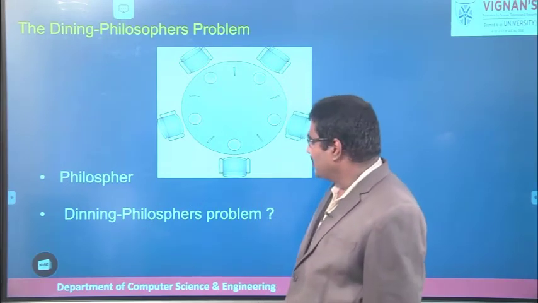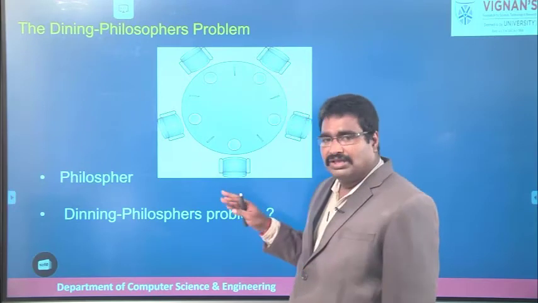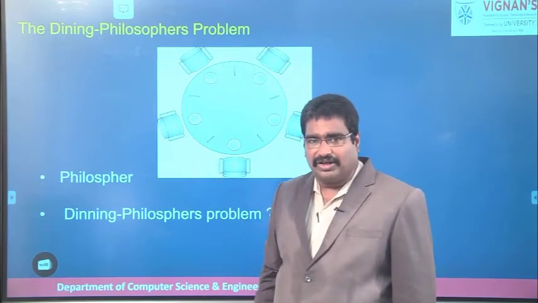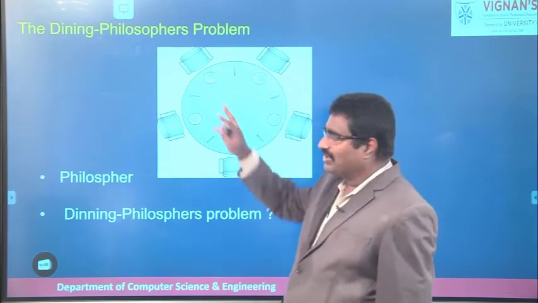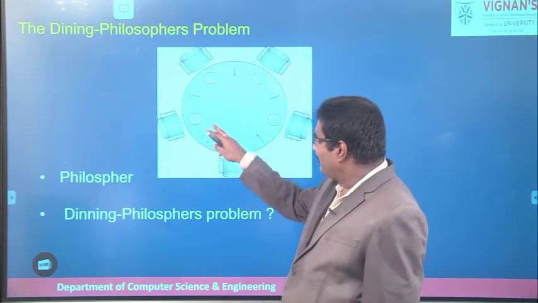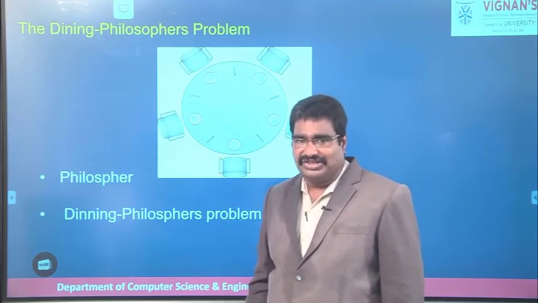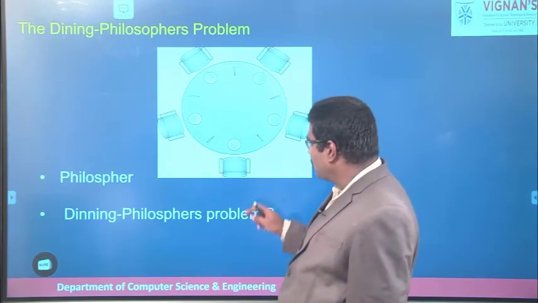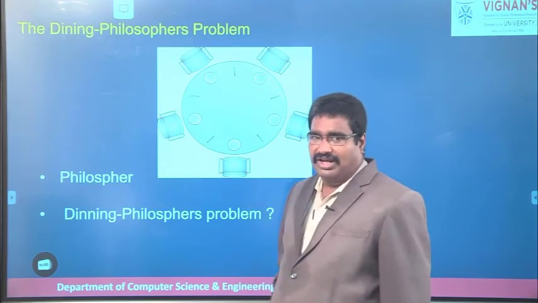In the dining philosophers problem, we assume that there are 5 philosophers continuously performing the thinking operation, there are 5 chairs, one for every philosopher, every philosopher has one plate, and there are 5 chopsticks. Whenever a philosopher wants to eat, he uses the left as well as the right chopstick.